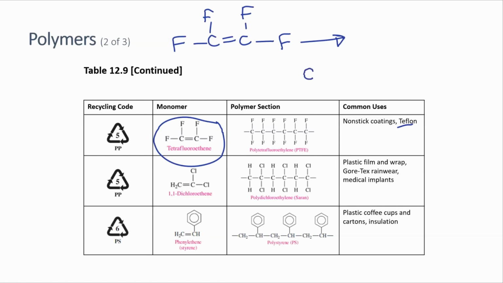So see, the carbon-carbon double bond becomes a carbon-carbon single bond, and the two fluorine atoms on both carbons will remain the same, and there will be an additional bond, and that bond will be bonded with the second monomer unit's carbon. The second monomer unit is the same repeating unit.